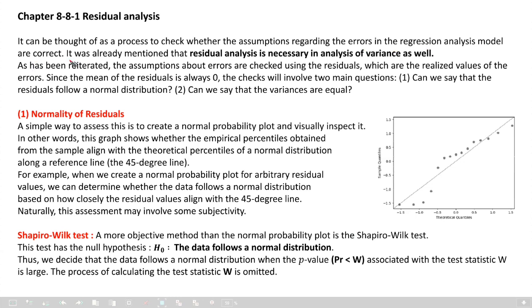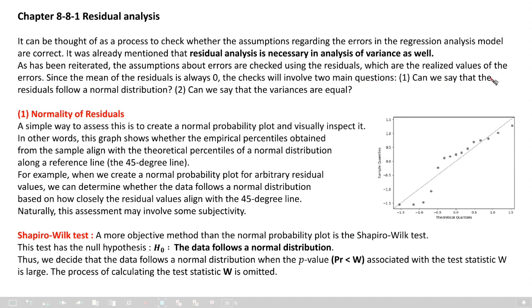It was already mentioned that residual analysis is necessary in analysis of variance as well. As has been reiterated, the assumptions about errors are checked using the residuals, which are the realized values of the errors. Since the mean of the residuals is always zero, the checks will involve two main questions.